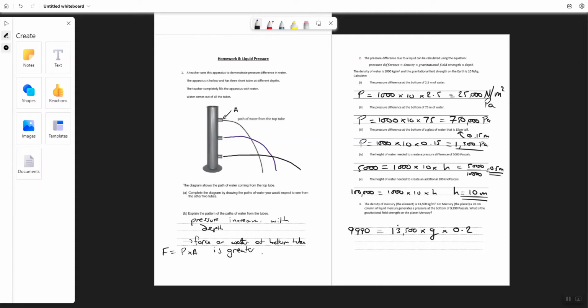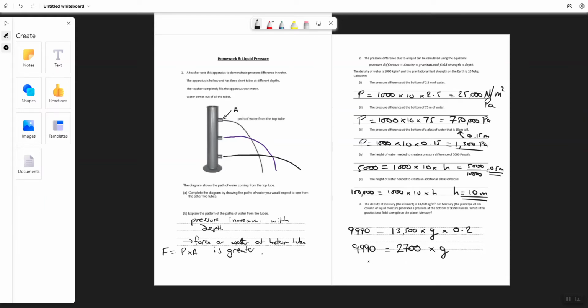So I'm going to take this through in a bit of stages. So what I've got is 13,500 times 0.2 is 2,700. So I've got 9,990 is equal to 2,700 times the gravitational field strength.